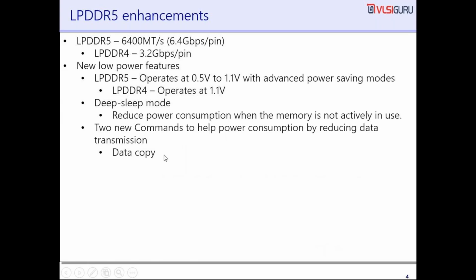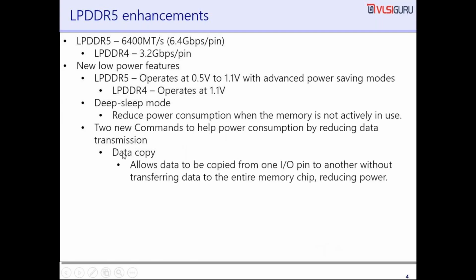It also has two new commands added to help power consumption by reducing the data transmission. One is called data copy, which allows data to be copied from one IO pin to another without transferring data to the entire memory chip, which essentially reduces the power consumption. You don't have to drive all the pins.